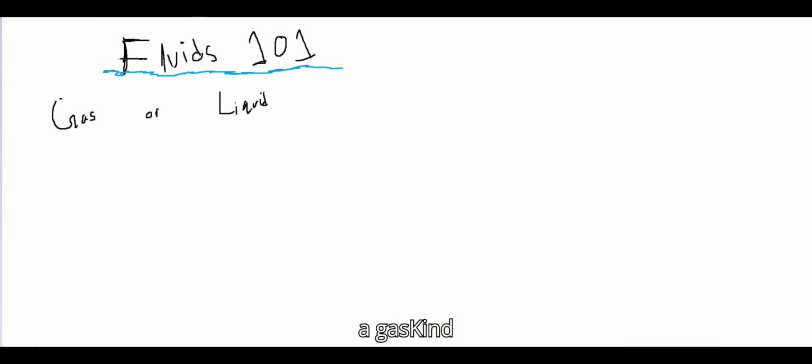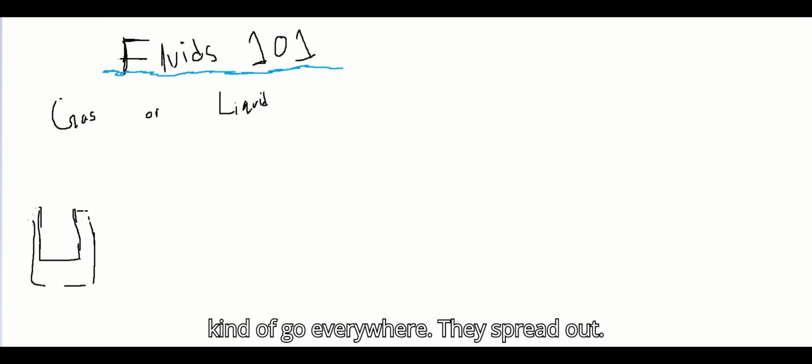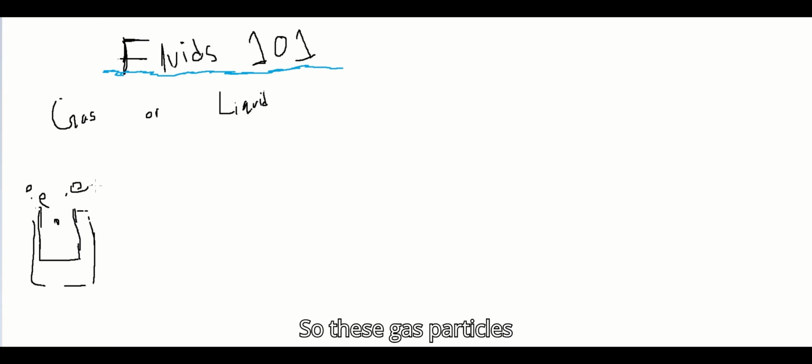So for a gas, when you place it into, let's draw out a little bucket or a little cup, we have these gas particles. They'll go everywhere. They spread out, so these gas particles are constantly spreading out like that.